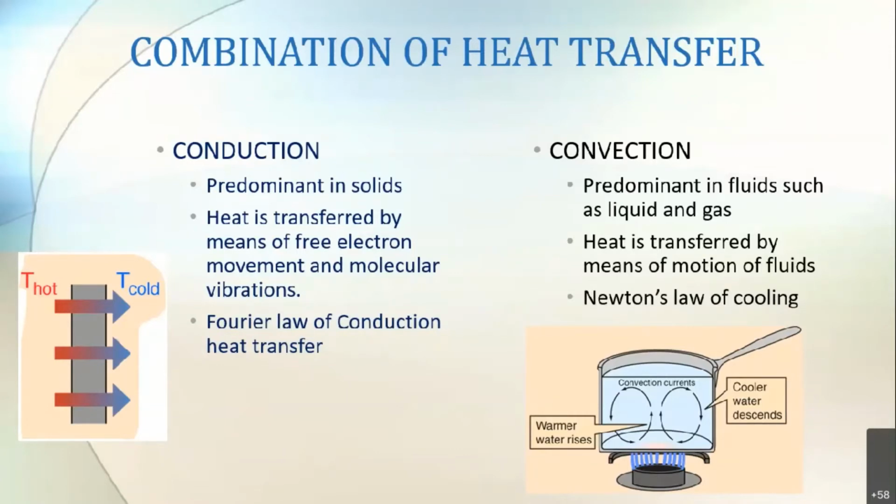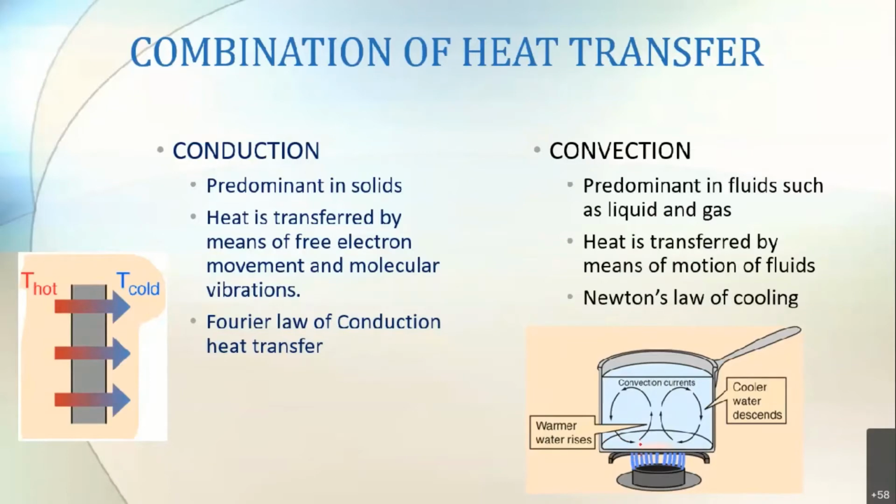So usually we have looked at conduction on its own and convection on its own, but most of the time conduction and convection happen at the same time. So if you look at this pot of water that is being heated up, first of all you will have direct contact. So this wall will be heated up by conduction, and then this wall will transfer its energy.